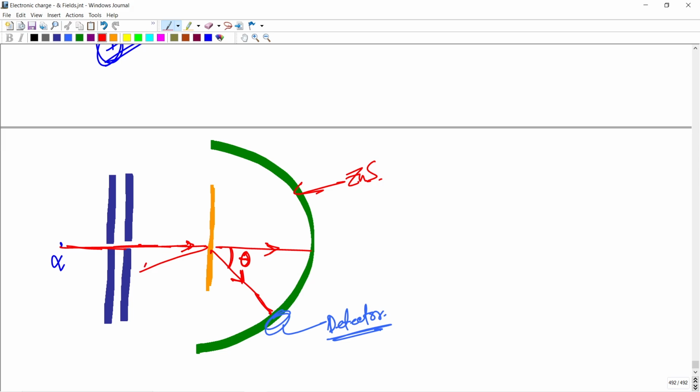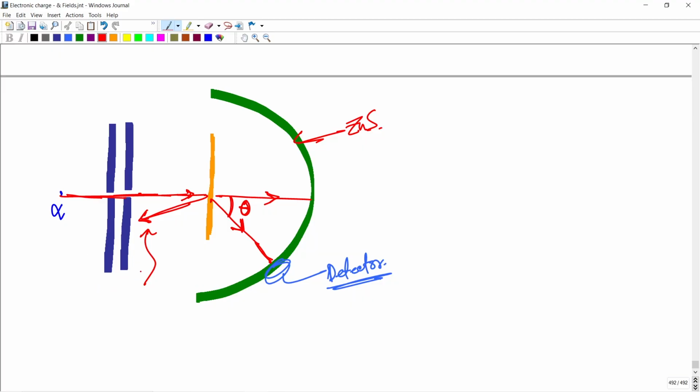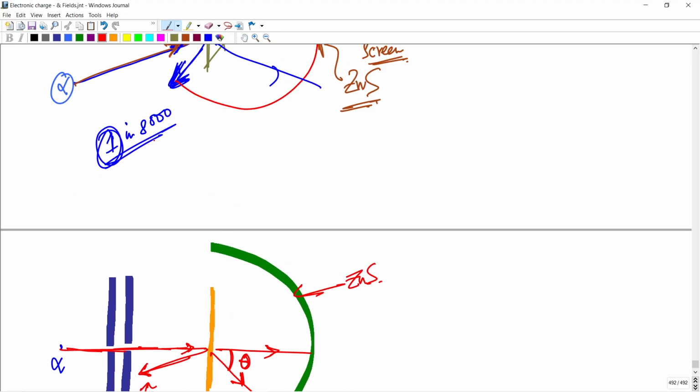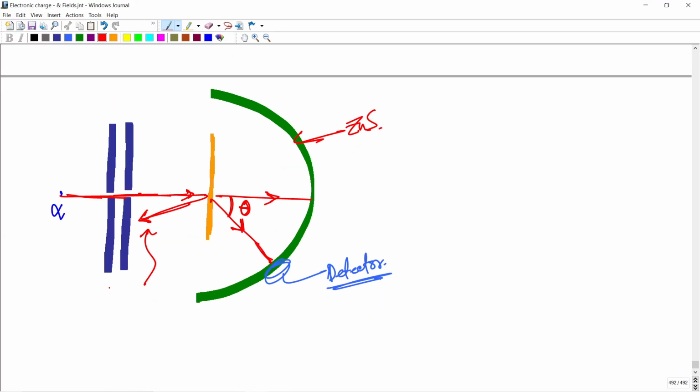I say that 1 in 8,000 alpha particles are obviously backward scattering, back in the same direction, more than 90 degree scattering. I would say that is 180 degree scattering.